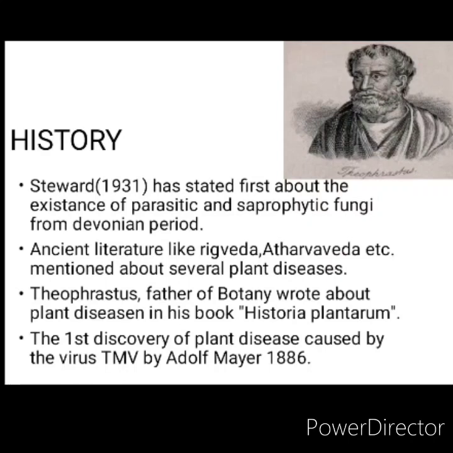The first discovery of the etiology of a viral disease of plants was the transmission of tobacco mosaic virus by Adolf Meyer in 1886. In 1880, Meyer began work on a serious tobacco disease which he named as tobacco mosaic virus.